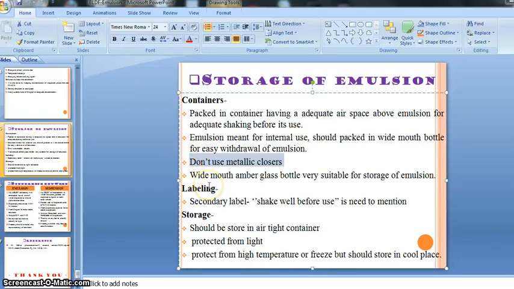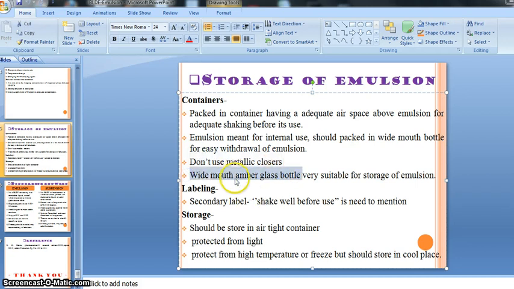Then a wide mouth amber glass bottle is very suitable for storage of emulsion, right? There is also a recommendation on the type of container: for emulsion, use a wide mouth amber glass bottle.